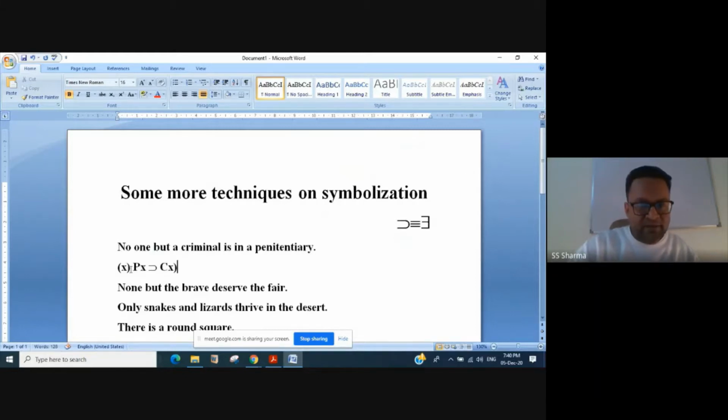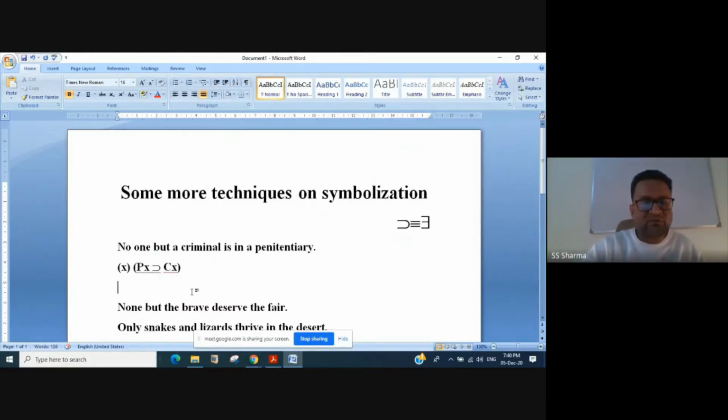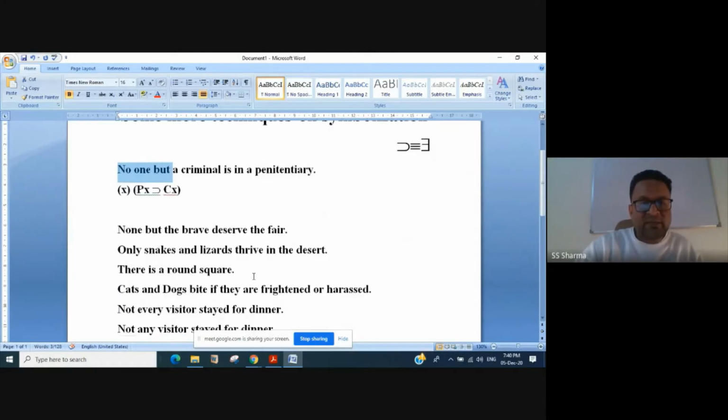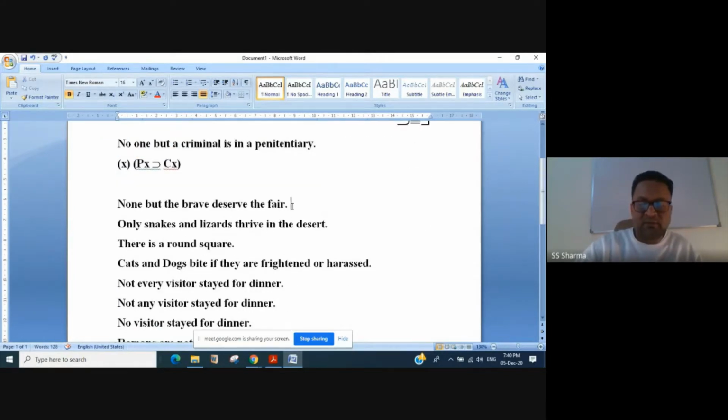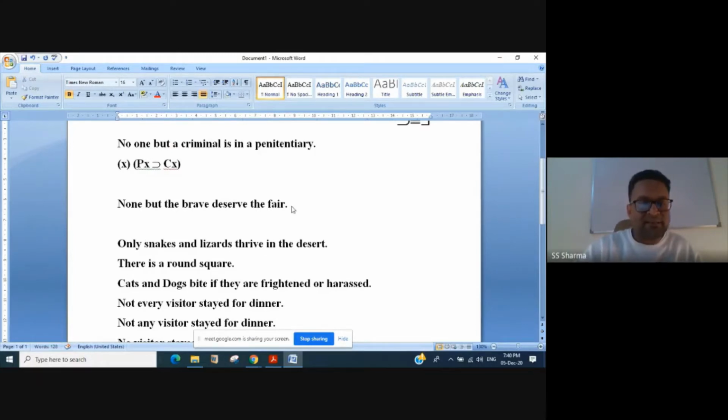And I will put the brackets over here. So this will be a proper symbolization of this. This is the first question I was talking about, that we need to understand that no one but is nothing but none. If we understand this, it will be easier for us to symbolize this one.